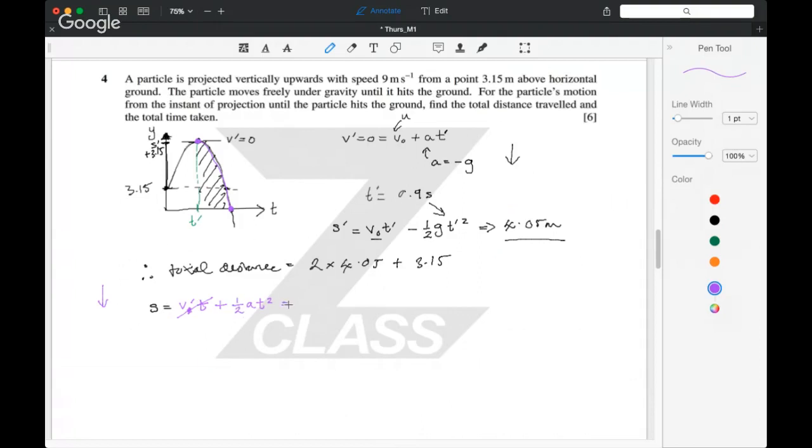So I'm just going to say that now that it's traveling downwards, we're going to give plus g. So it's 1/2 g t squared. And this, you just solve for t. It's going to be equal to the square root of 2s over g. We know s, we know g, you get t.